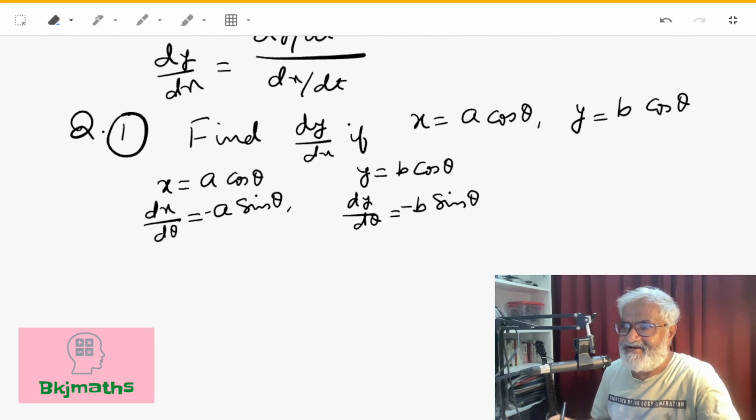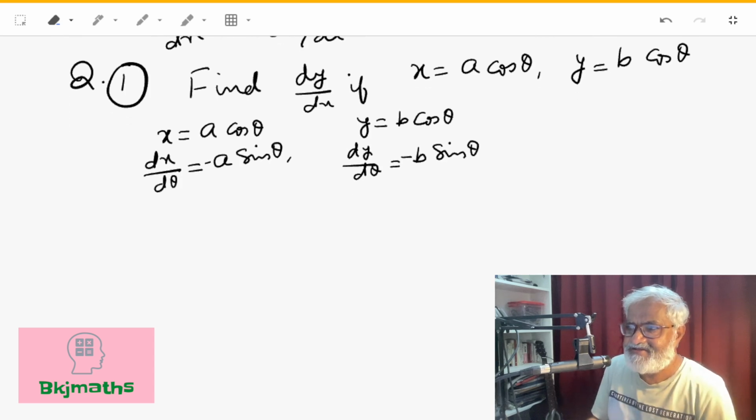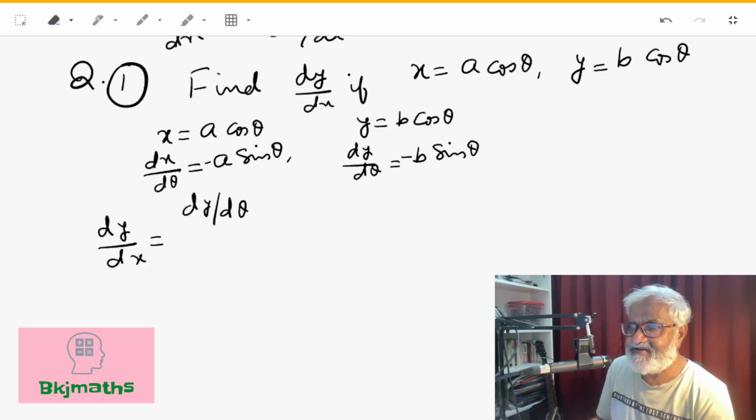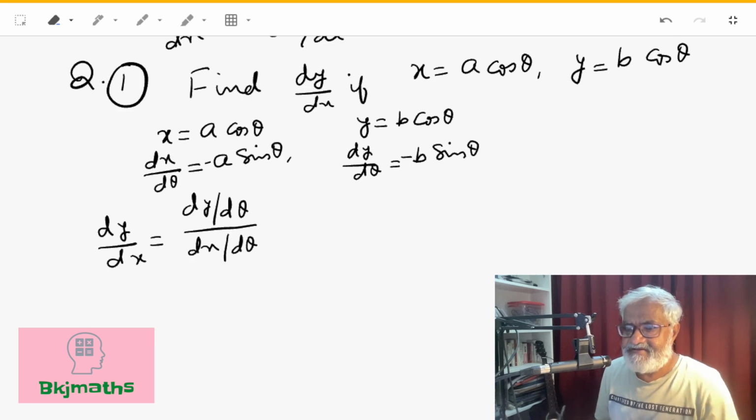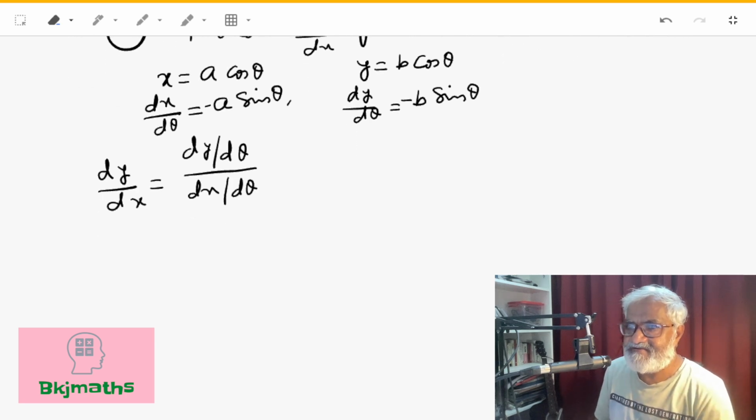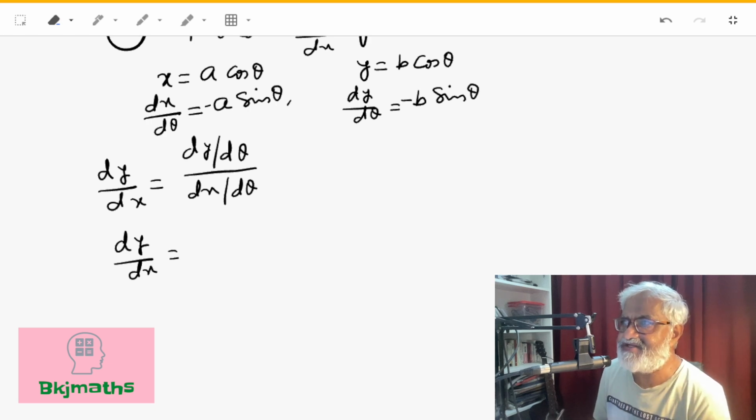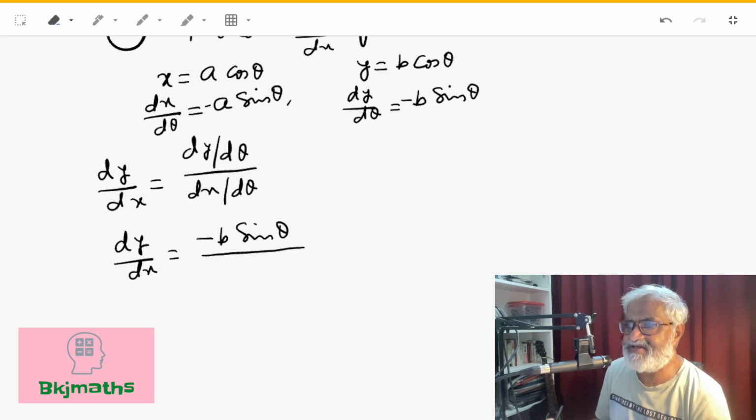Now the second step is to put in the formula. dy by dx equals dy by d theta upon dx by d theta. So put the value of dy by d theta, minus b sin theta, and dx by d theta is minus a sin theta.